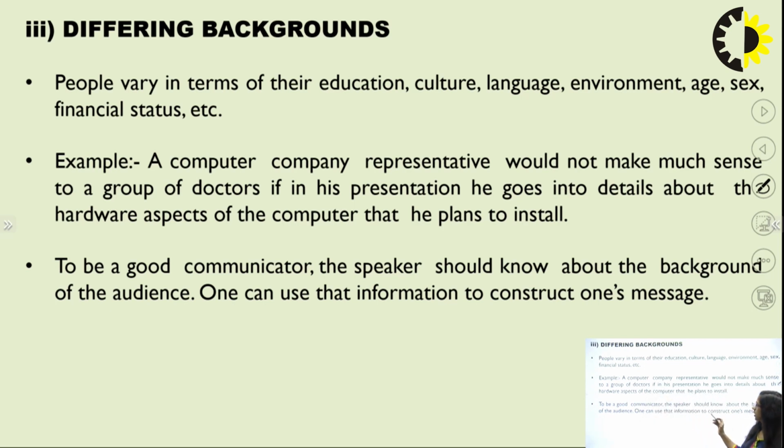To be a good communicator, the speaker should know about the background of the audience. One can use that information to construct one's message. No two persons have similar backgrounds. Even siblings differ in their genetic inheritance. Our background plays a very important role in how we interpret the message.